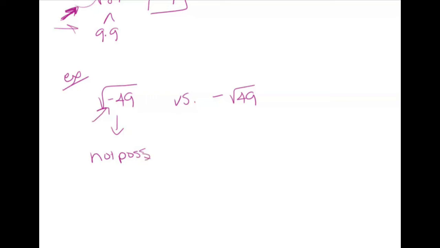But in this case, the negative is outside the square root, and therefore we can multiply it at the end. So what number times itself gives us 49? Certainly, it's just 7. And so then we would multiply the negative there at the end and make it negative 7.